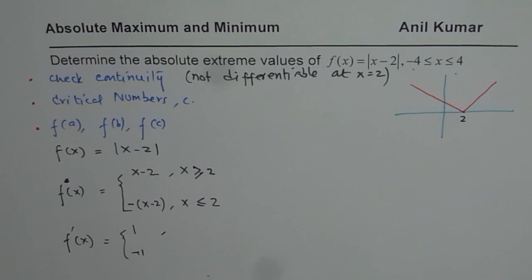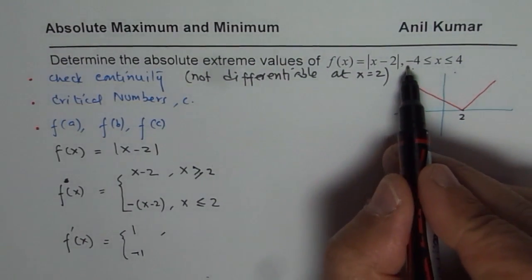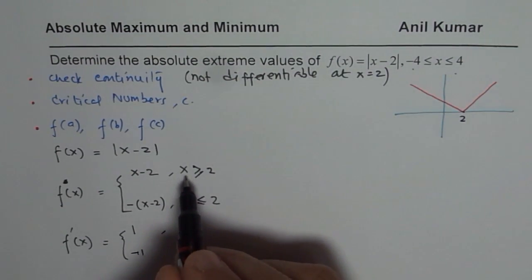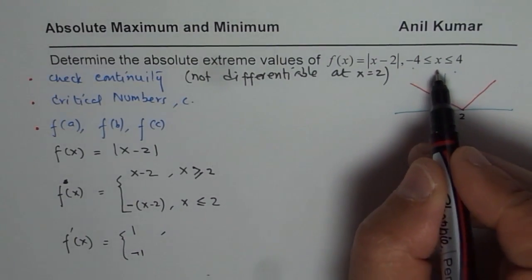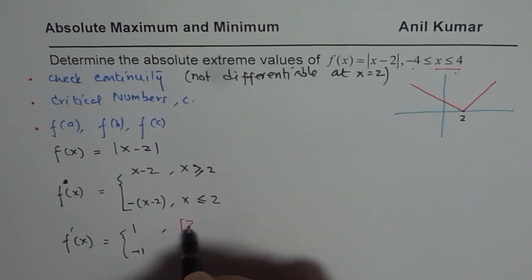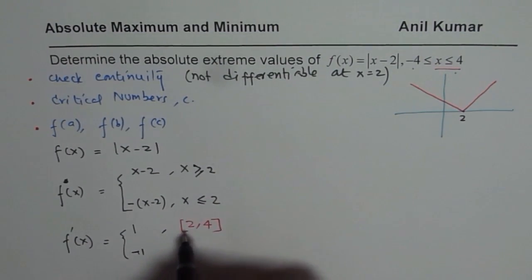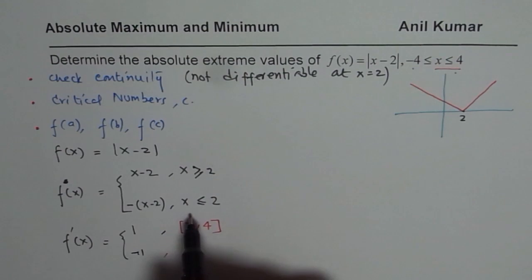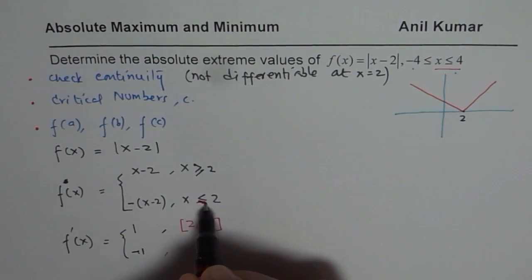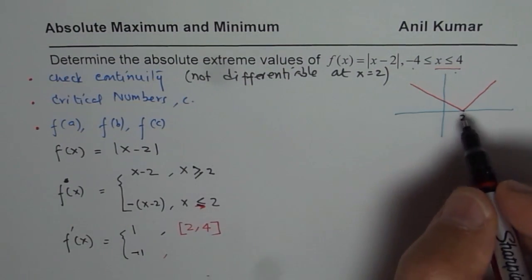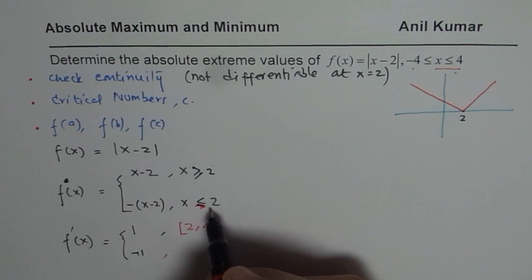Now in our case, we are considering from minus 4 to 4. So we'll take this x greater than 2 in this, right? So we'll say between 2 to 4 in our case. And this limit will be when x is less than 2. So we'll take less than or equal to on one side, and define this on one side. We have to take minus, right?